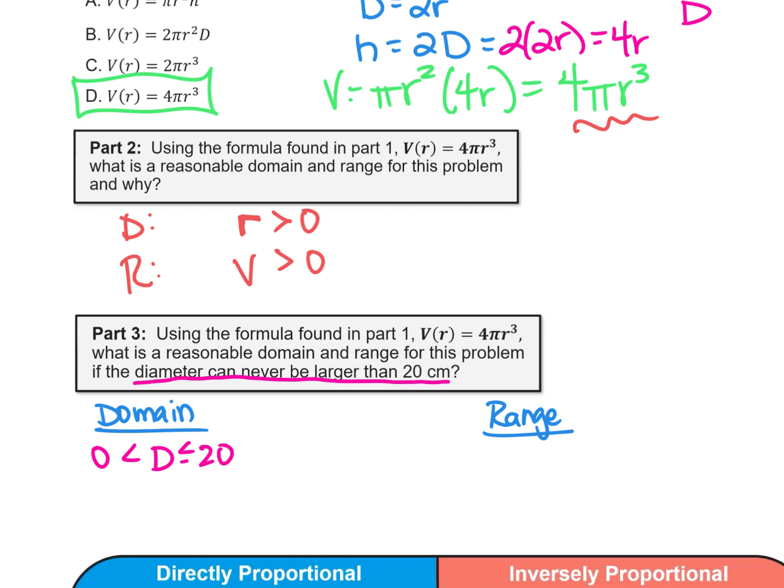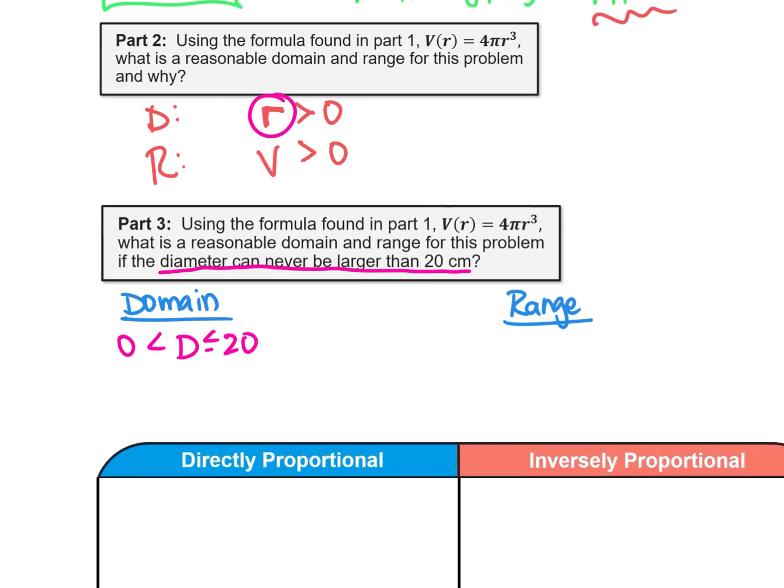But my diameter is not what my domain references. What does my domain reference? The radius. So how do I get the radius from the diameter? Then to get my radius, I'm just going to solve that inequality. Divide by 2. And so my domain, my radius, has to fall between 0 and 10.